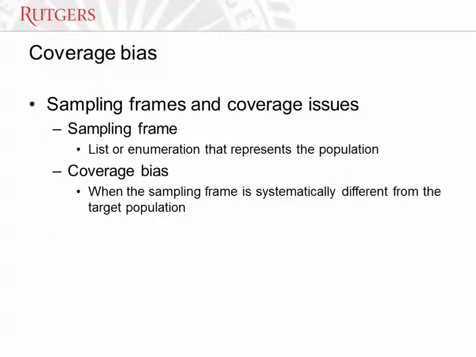So going back to our example of nonprofit organizations, I mentioned the IRS Form 990 records as a possible frame for that population. Well, it turns out that not every nonprofit organization is required to submit that form.